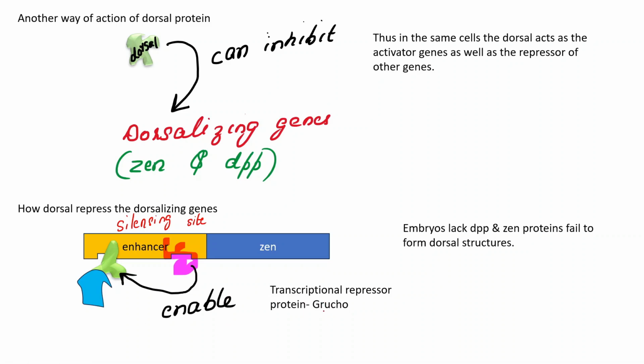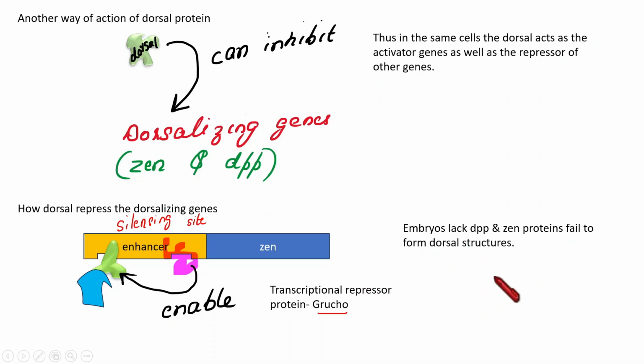What's its name? Groucho. That is a repressor, a protein that can repress the transcription of this Zen gene. So by binding with that Groucho, the dorsal can repress the expression of Zen. So those embryos that lack DPP and Zen proteins fail to form the dorsal structures.